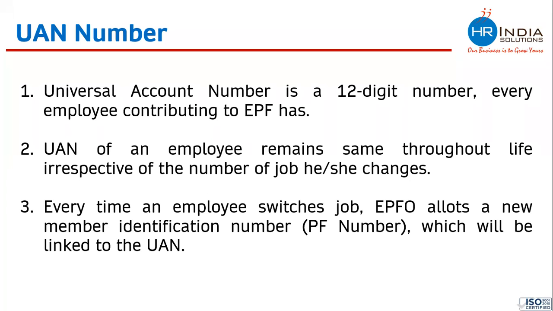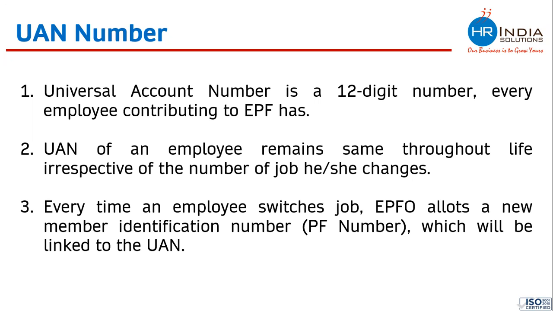The relationship between PF number and UAN number is very similar to the relationship between a bank account number and PAN number. You can have n number of bank accounts with n number of banks. Your bank account number with every bank would be different, but all are linked to your PAN. Similarly, if you work with 10 different organizations, you might have 10 different PF numbers.